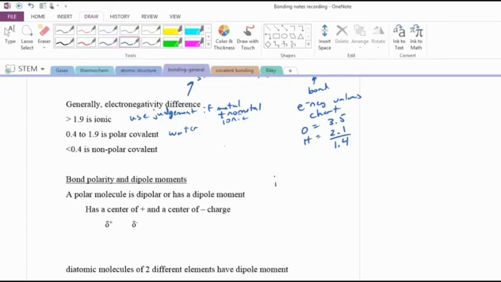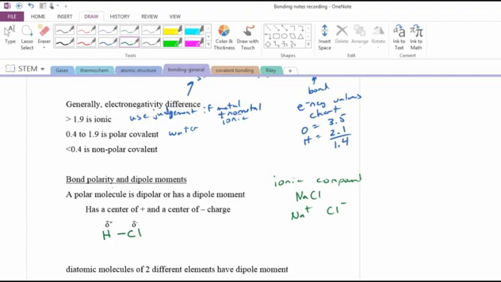Now we know that in an ionic compound, like NaCl, we have Na plus ions and Cl minus ions. Well, in a polar molecule, we don't have separation of charge, but this part of the molecule is more negative.